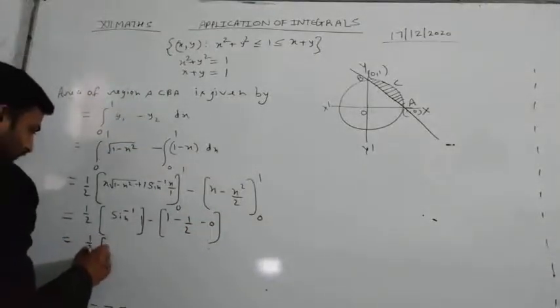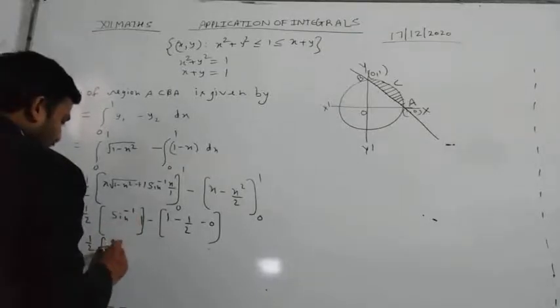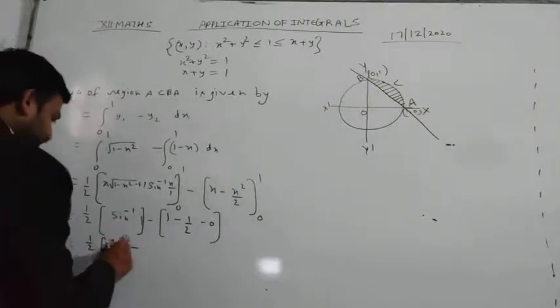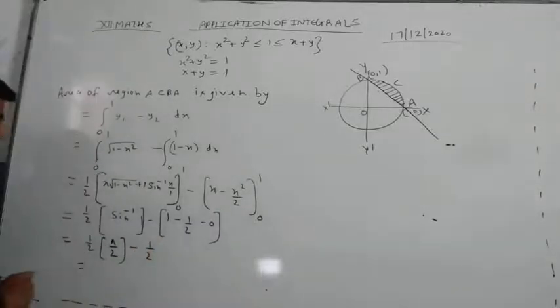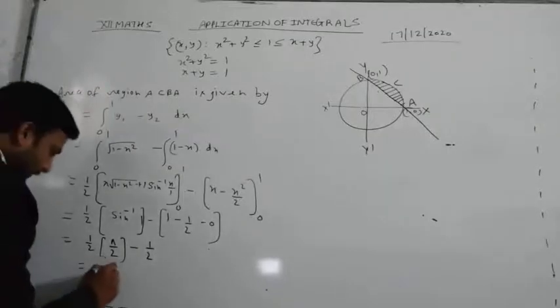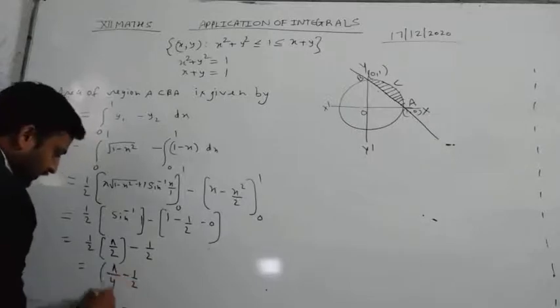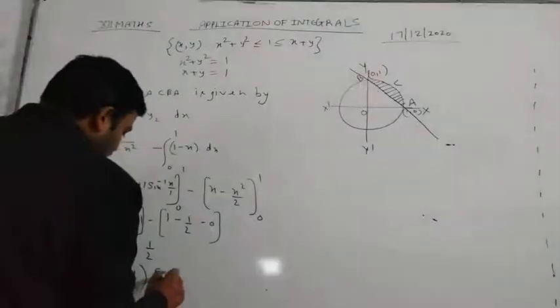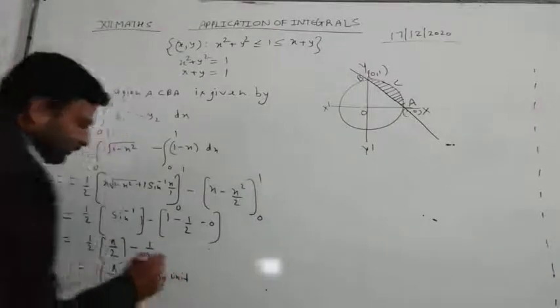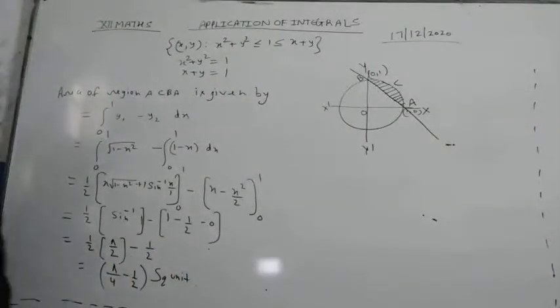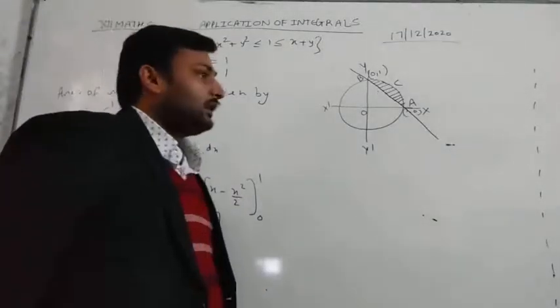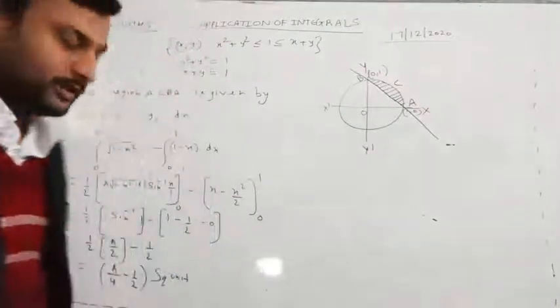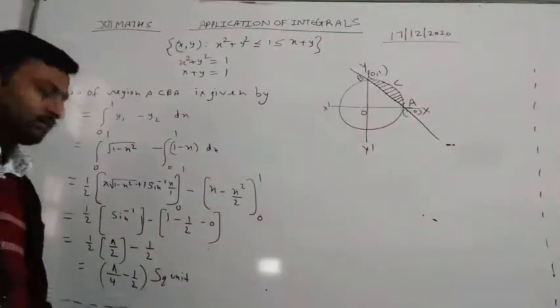So this is 1/2 sin⁻¹ 1, and sin⁻¹ 1 will be π/2, minus 1/2. So it will be π/4 minus 1/2 square unit. Okay, students, so the area of the region x² + y² ≤ 1, 1 ≤ x + y will be π/4 − 1/2 square unit.